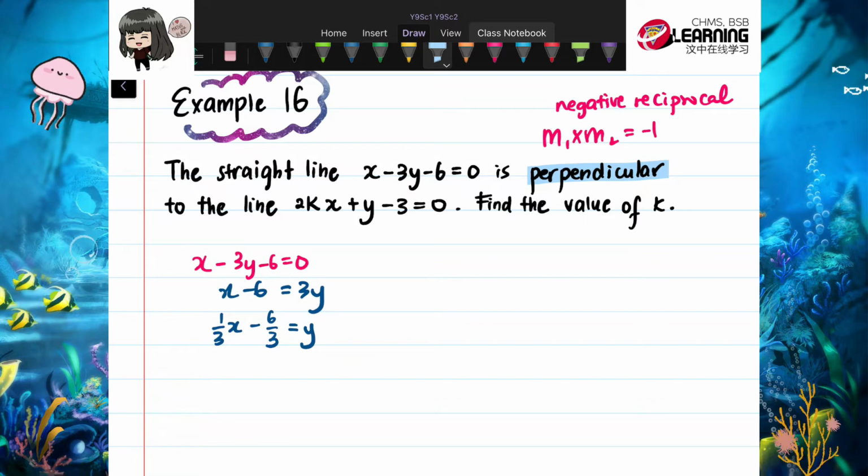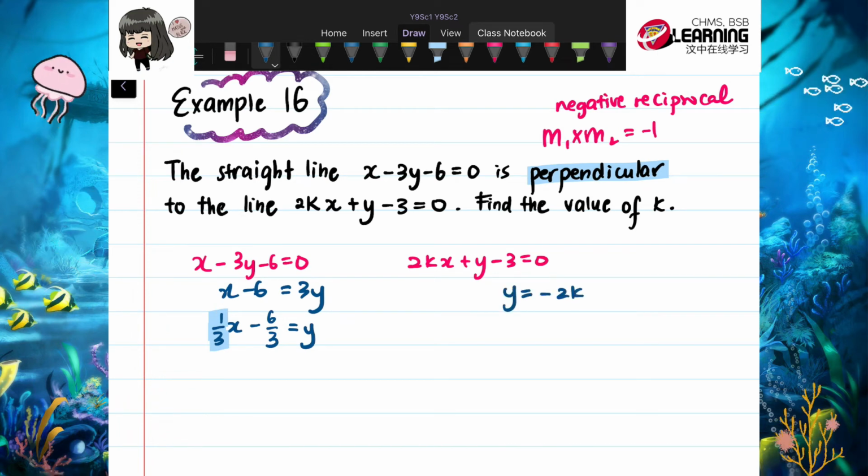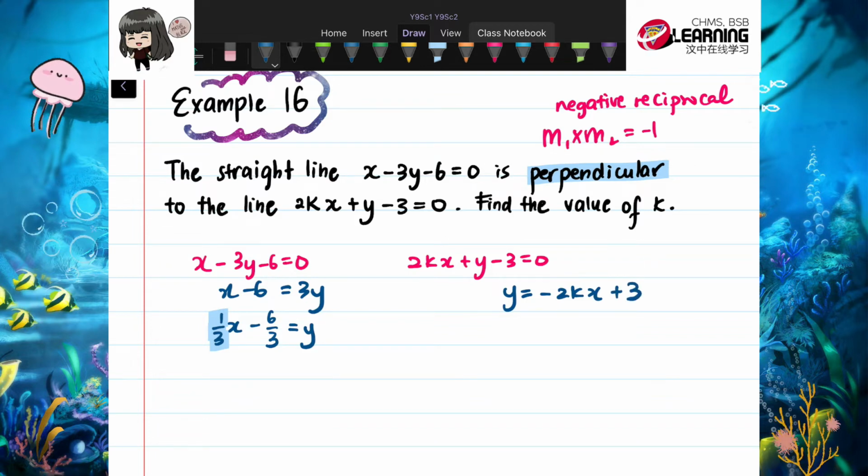So my m is 1 over 3. Then my second equation is 2kx plus y minus 3 equals 0. Here also I make y the subject, so it's negative 2kx plus 3. From here I can see my m2 is negative 2k.